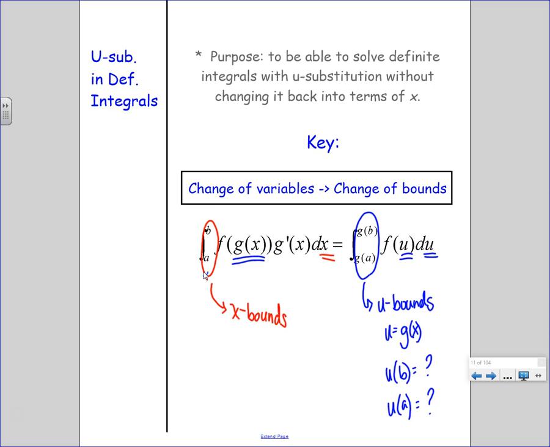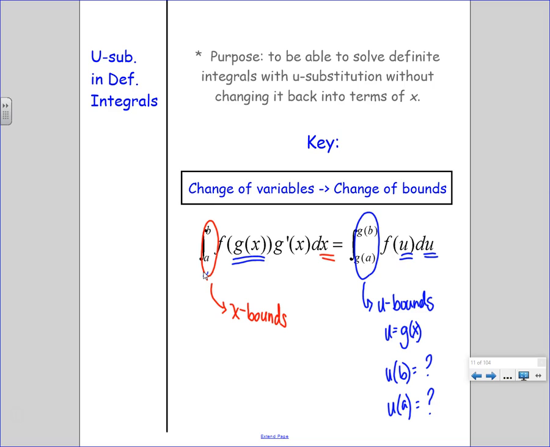The lower bound needs to go with the u at a. The upper bound needs to go with the u at b. You must keep the order the same. And one more time, you must substitute for the bounds as well. So legally show the bounds when solving with u sub.